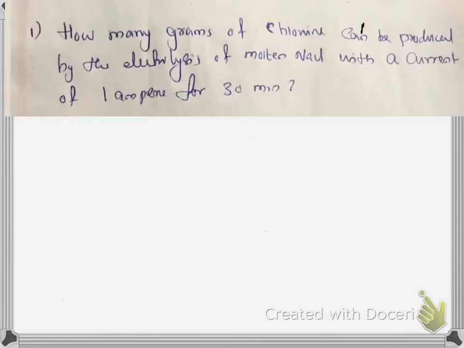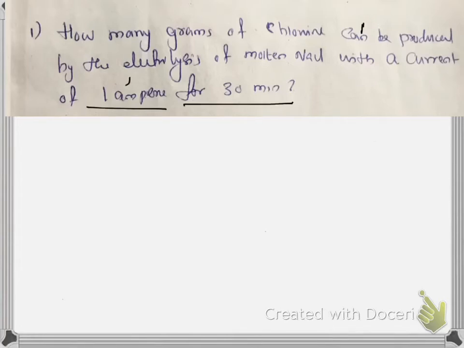Now we have to come to the problems. First problem: how many grams of chlorine can be produced by the electrolysis of molten sodium chloride with a current of 1 ampere for 30 minutes.